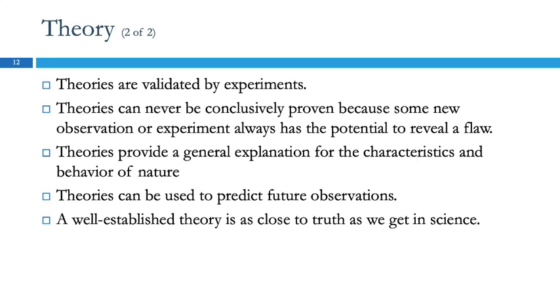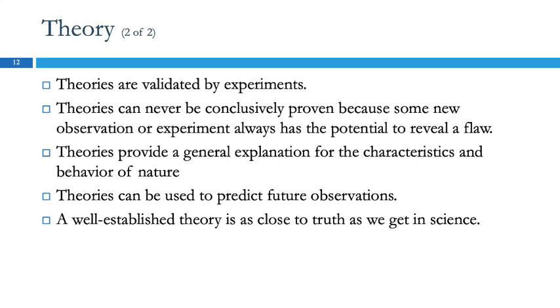So theories can also be validated or disproved by experiments. A thing that kind of sounds disturbing is we can never prove anything to be correct in science. I can't prove that something is true. I can only say that no one has been able to prove it false yet.